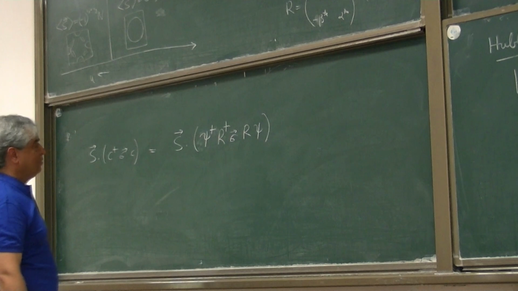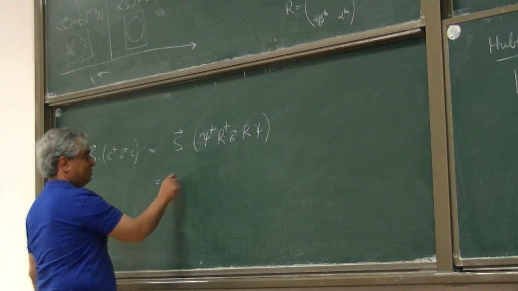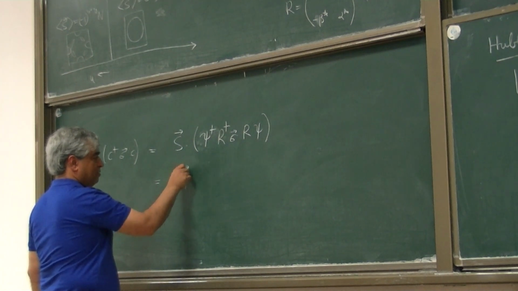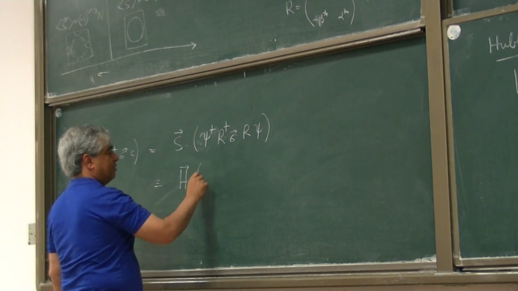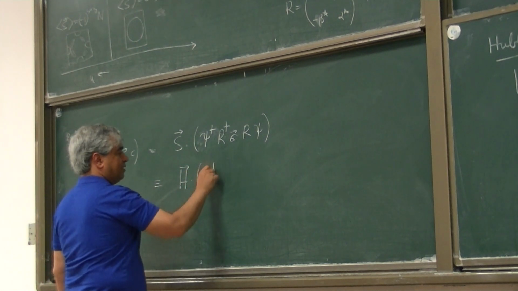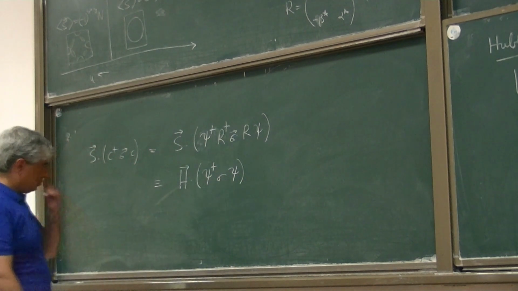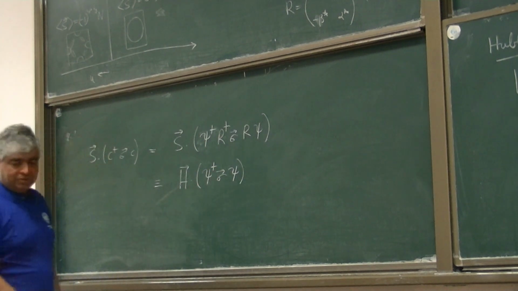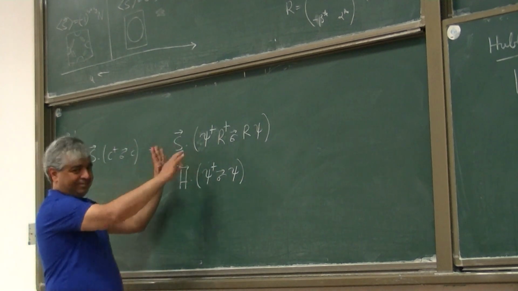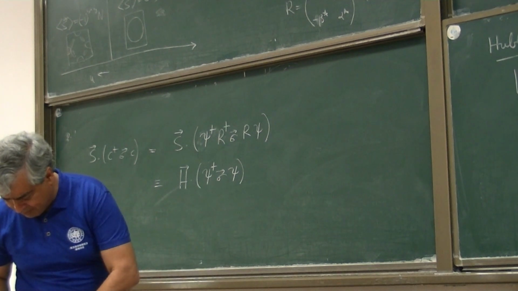And this I'm going to write with some identities which I don't remember. This I'm going to write as H, so this is identity equal to this, where I get psi dagger sigma psi. For this to work out, you can show that you put all the indices, and this is not difficult to show. I just can't get the indices right on the board.